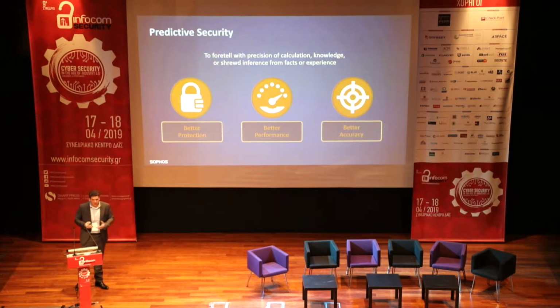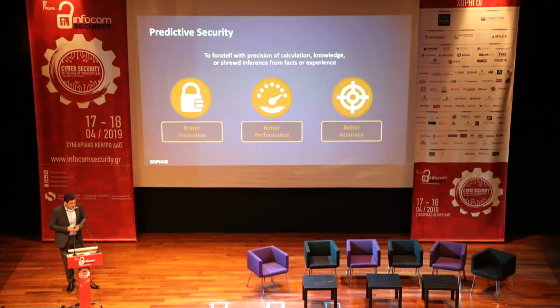So we need predictive security based on the knowledge that we collected in over 34 years of IT security experience at Sophos. We use this to give you better protection, better performance, and better accuracy. We do not want any false positives, of course.